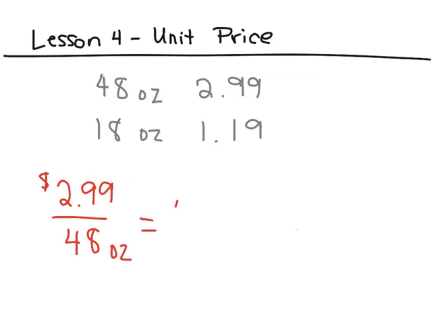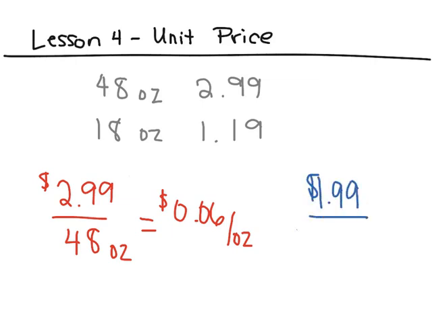And you should get 0.06 cents per ounce. So it's 6 cents per ounce. The next one, we're going to take $1.19, and we're going to divide it by 18 ounces, and you should get, again, 6 cents per ounce. So each of them has the same unit price.